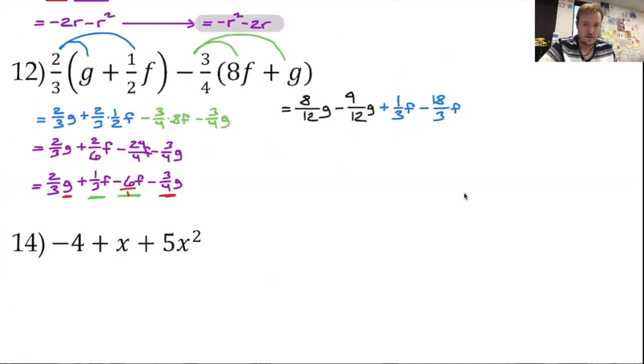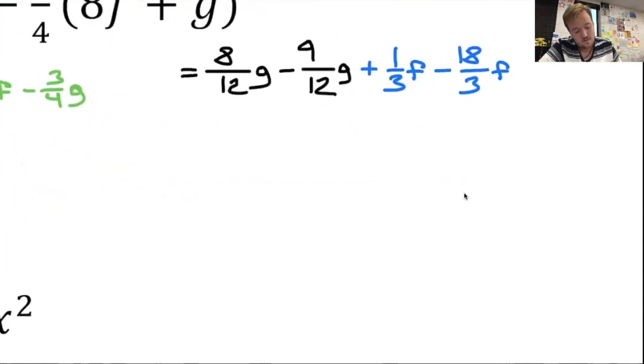Now I can start combining. You just look at the numerators, but you keep the denominator the same. So I'm going to have 8 minus 9, which gives you a negative 1 over 12. Keep the denominator the same.